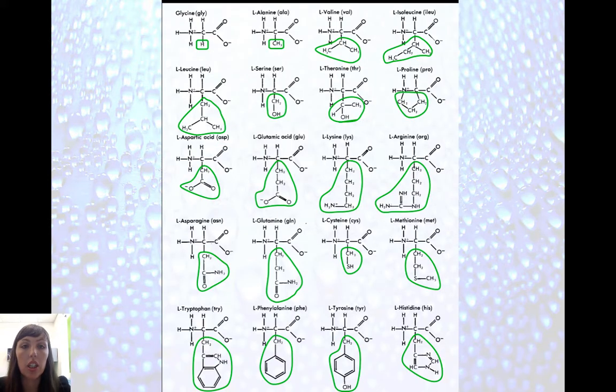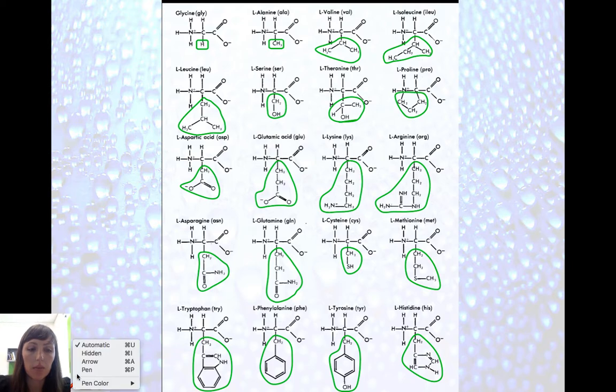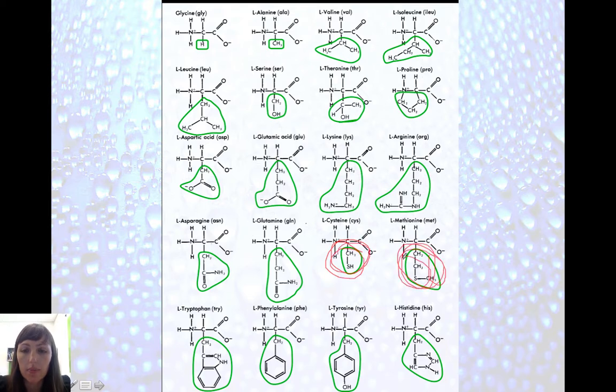So take a look here. You can see that of these 20 amino acids, they all have the nitrogen, hydrogen, carbon, and oxygen. And then the difference between each one is that R group. So if you look down, let me get my pen. If you look down, here's sulfur and sulfur in this one. Okay.